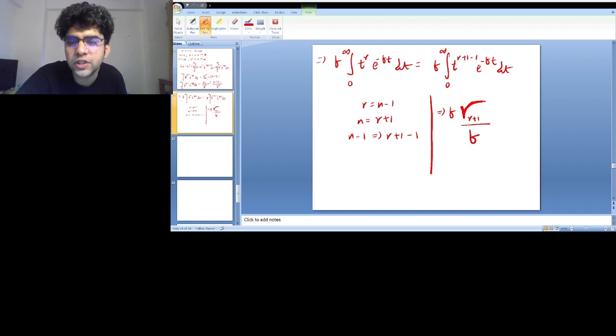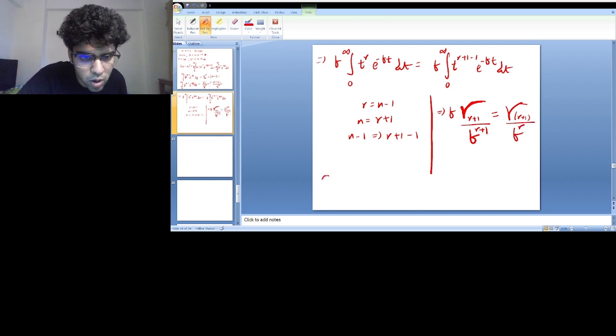b to the power r plus 1, and this b gets cancelled. This gives me gamma, which I can also denote as gamma with brackets, r plus 1. Both of these things are the same, and b gets cancelled, giving me b to the power r in the denominator.